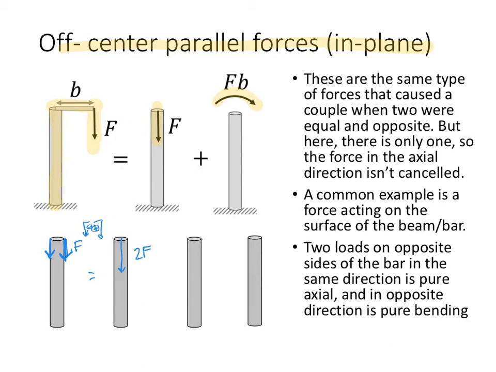If instead we had forces that are on the opposite sides of the beam and in opposite directions, then the forces cancel, and instead what we're left with is that moment. So we learned previously that that causes a pure bending moment, which we also called a couple.